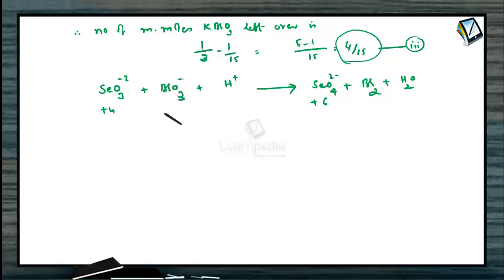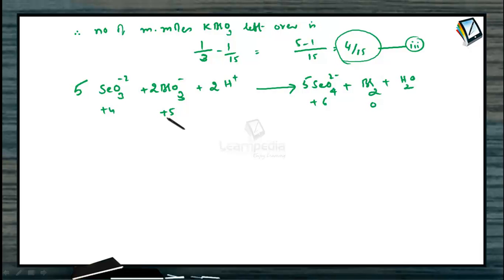In bromate we have bromine in plus 5 state and here it is 0, so the change is 5. So 5 will come here and 2 will go here. When 5 seleniums are there, 2 bromines are already there. How many H plus to balance it? 2 H plus to give H2O. So this is the balanced equation.